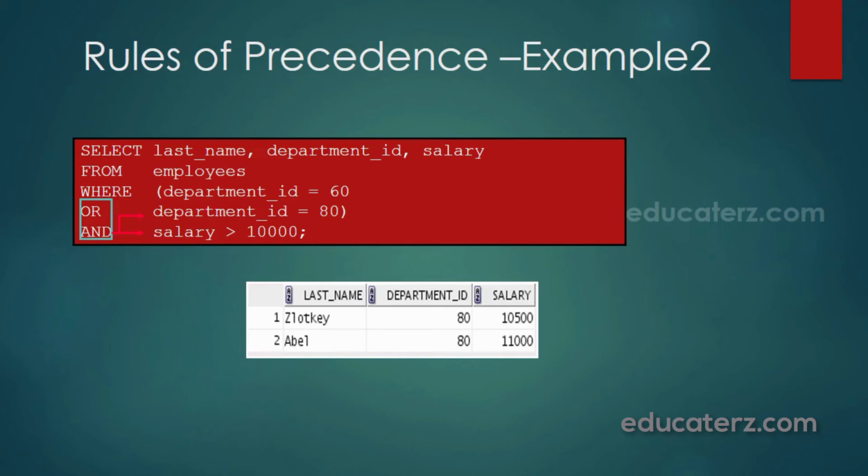Rules of precedence, example 2. In this case, I use parentheses in the conditions in the WHERE clause to separate the conditions. I want to retrieve the employee details such as last name, department ID, salary from employees table, where department ID is equal to 60 or department ID is equal to 80, and salary is greater than 10,000.